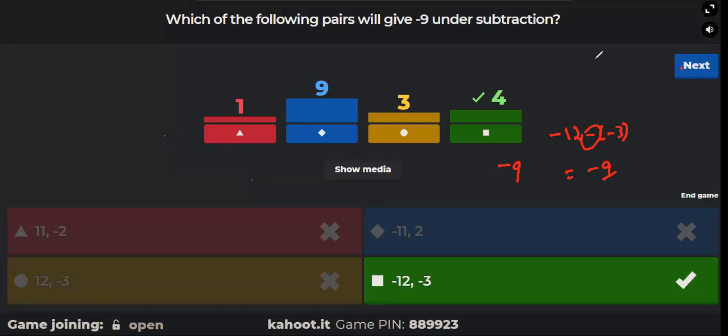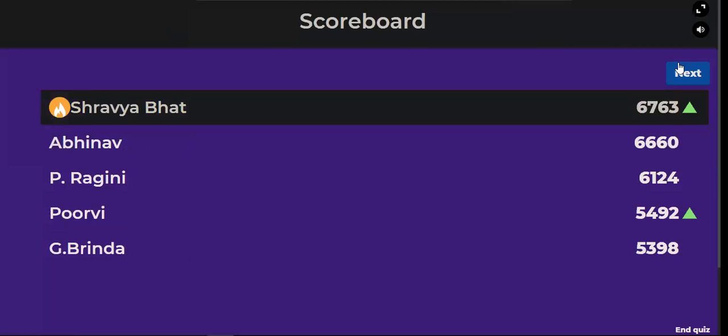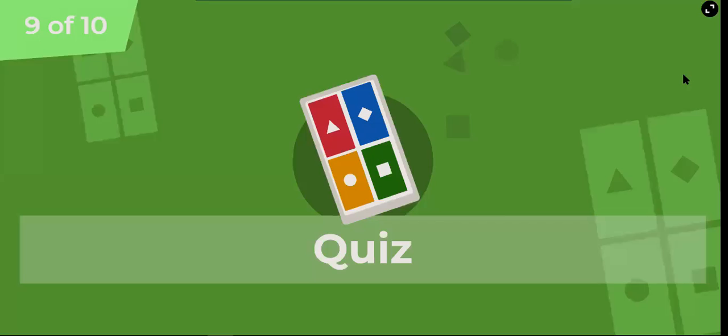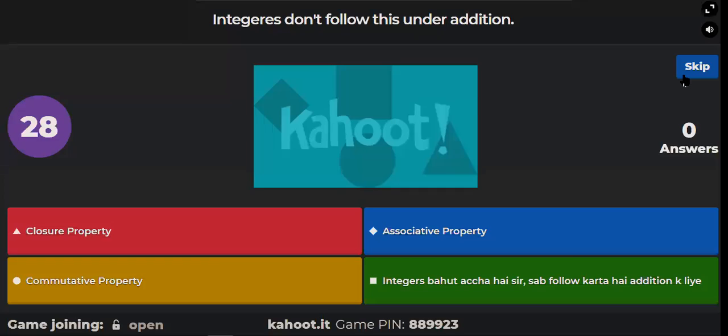Got it? तो जल्दबाजी में गलती हो गई. ओके. Abhinav lost his first position to Shravya. Let's see. Abhinav, buckle up. Integers don't follow this under addition. Closure property, associative property, commutative property.